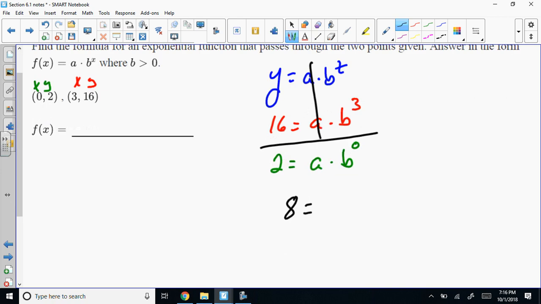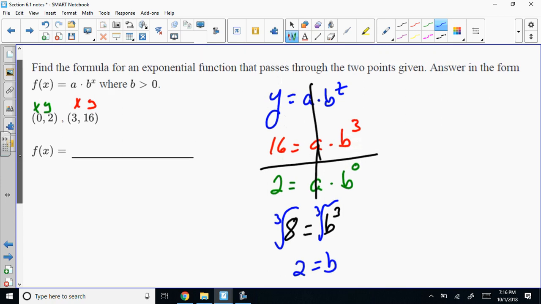So what is 3 minus 0? 3, right? So 8 equals b cubed, right? Some base cubed. How do you get rid of something cubed? You take the cube root, and ladies and gentlemen, b equals what? 2. Okay.